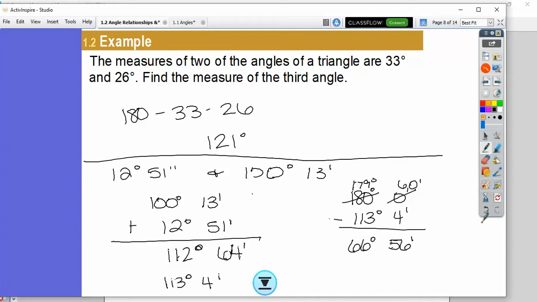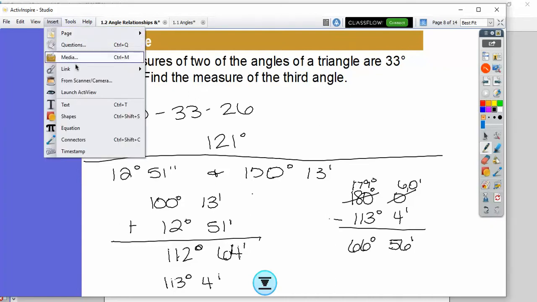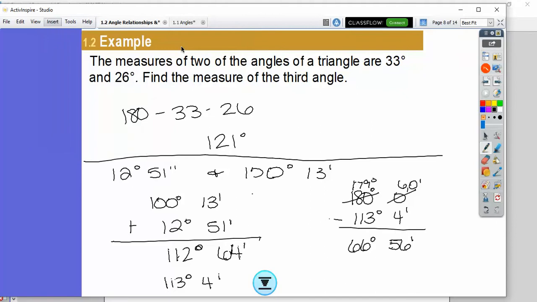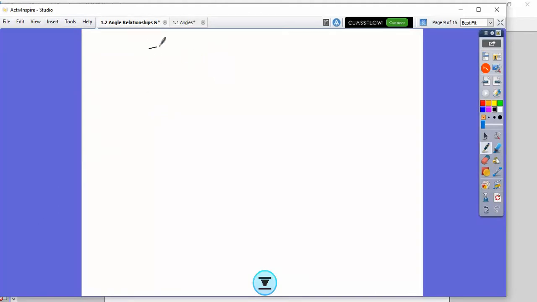Alright. Let's talk about classifying triangles. We can classify triangles based off angles or sides.